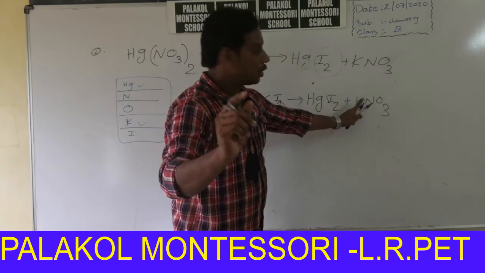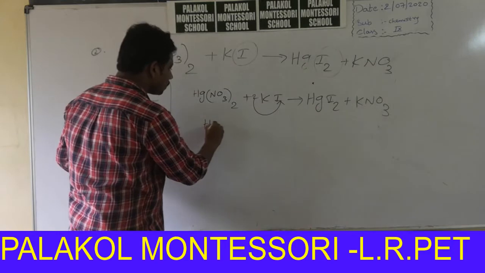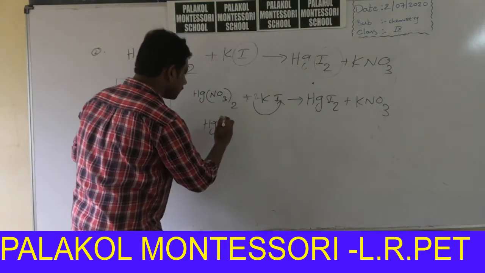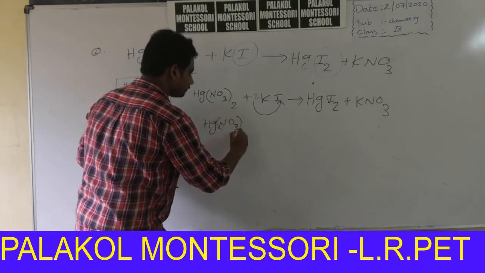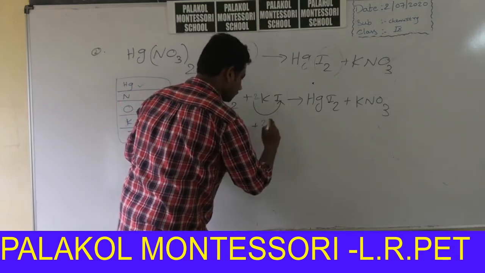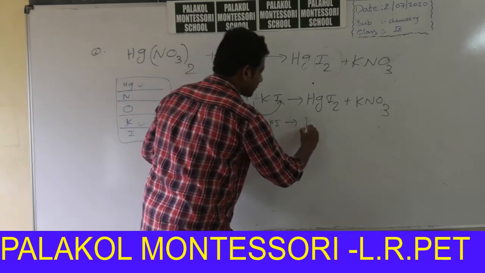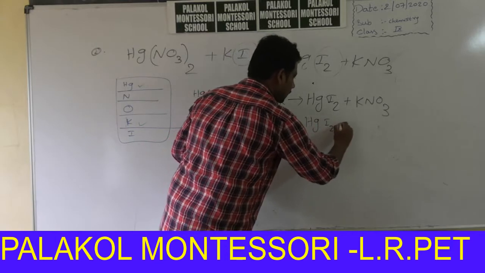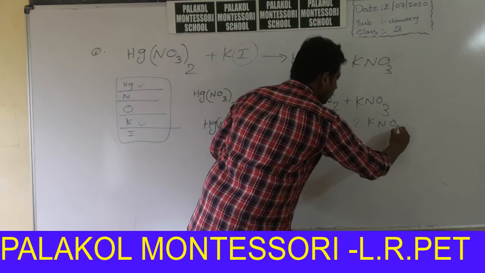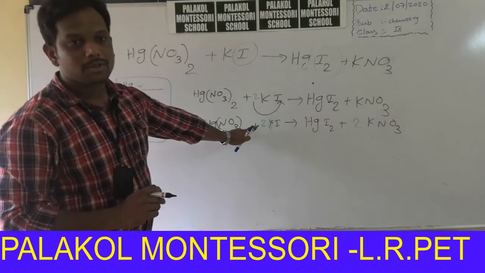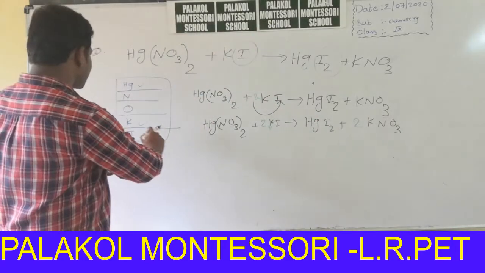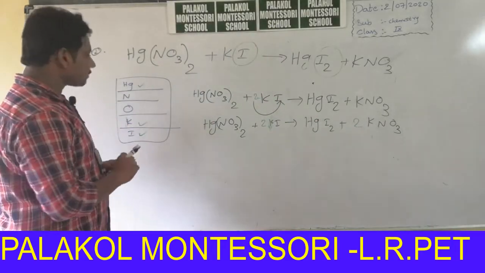Now, you will write 2 here, 2KNO3. So the number of potassium atoms on the left hand side is equal to the number on the right hand side. Iodine and potassium atoms are balanced.